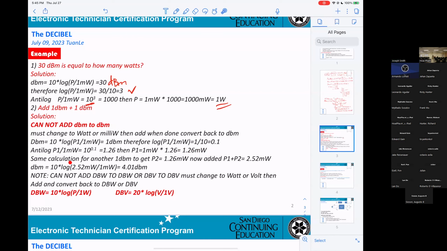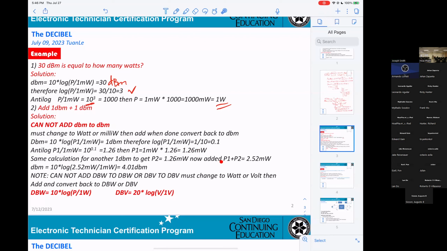Same calculation for the next one, another 1 dBm, and you get the same thing. So P1 is 1.26 milliwatt, and P2 is the same, 1.26 milliwatt.